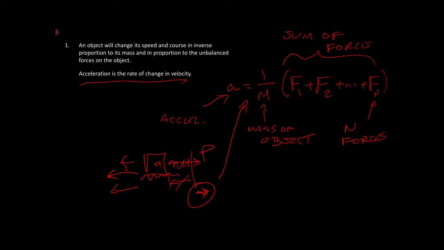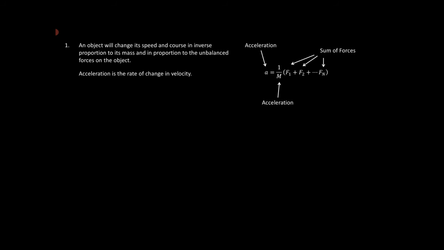And depending on how much mass there is, you reduce that even further. Normally we scale this to 1 kilogram or 1 pound, depending on what system we're on. So we look at 1 pound of force versus 1 kilogram of mass or something. And this is the mass.